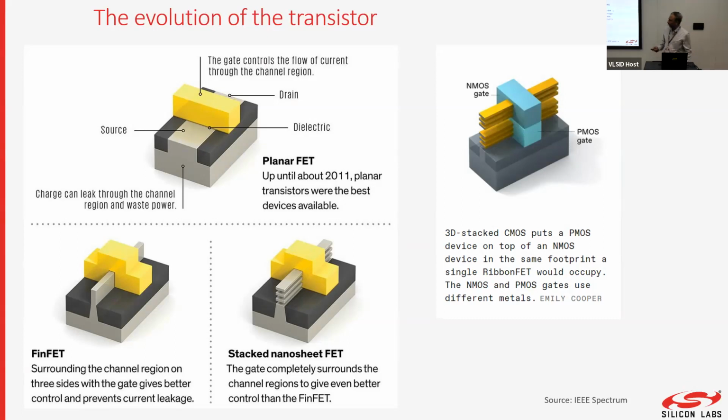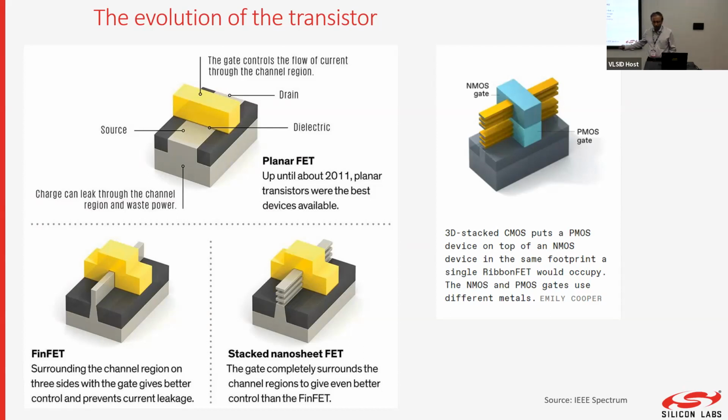So they came up with an idea: what if we can make the gate stronger by attaching itself to a greater area than before? Then the gate's influence is much higher. Even though the geometry is small, the influence of the gate is much higher because it encloses the channel, rather than having a very small area of influence.